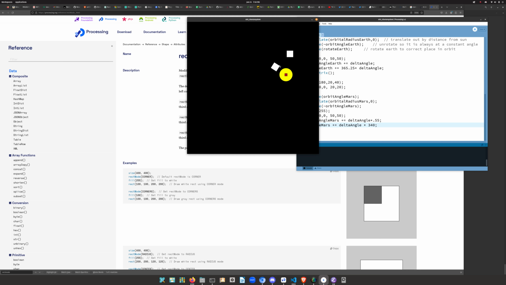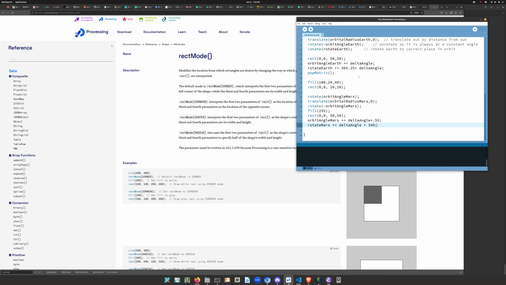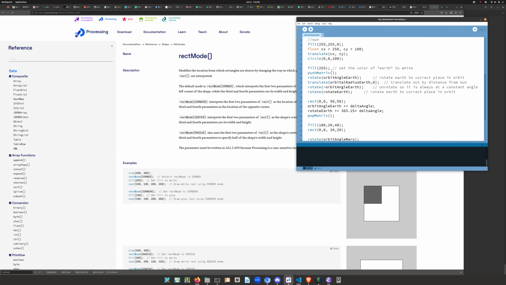Okay, so the Earth is spinning wildly. Okay, I think pop matrix isn't working worth a damn. Push matrix, pop matrix. All right, so unfortunately for me, I don't know how to do this.